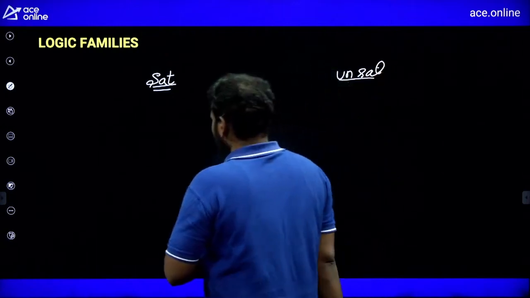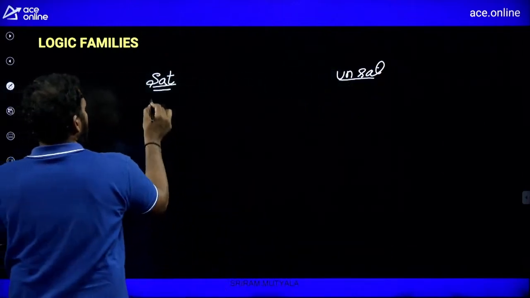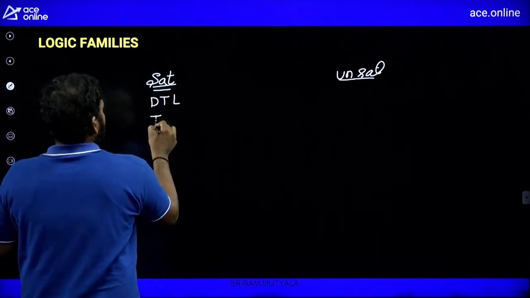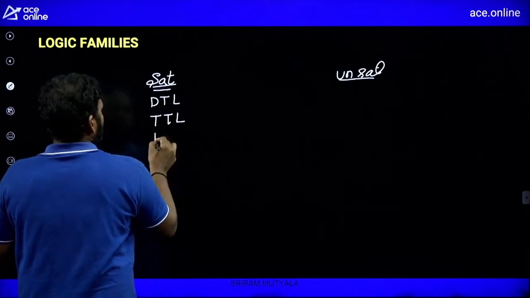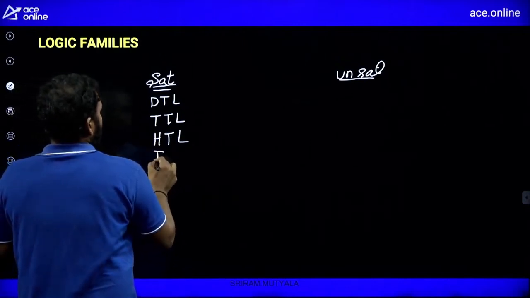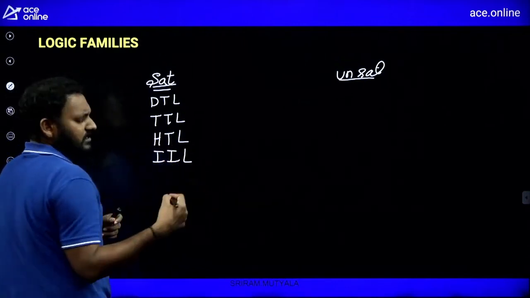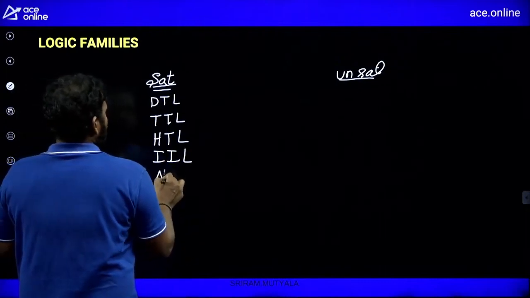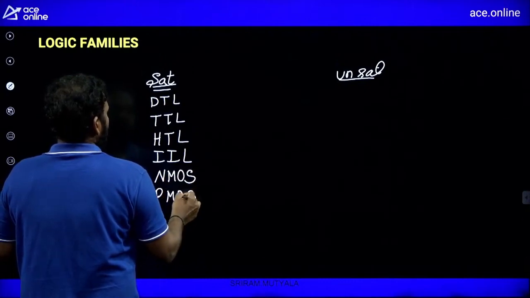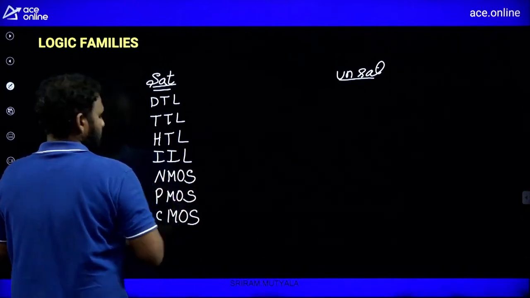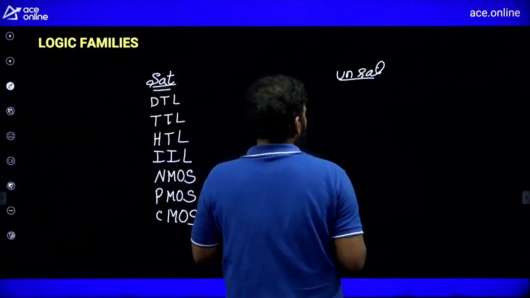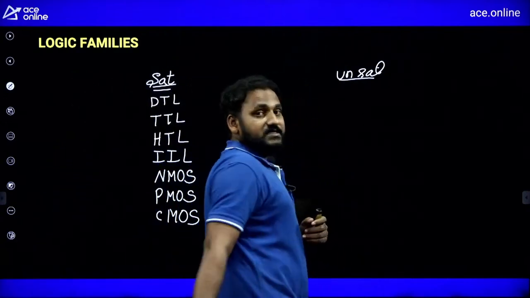Under saturated logic families we have diode transistor logic, transistor logic, high threshold logic, integrated injection logic, I square L, IIL, okay, NMOS logic, PMOS logic, CMOS logic. Under unsaturated logic, we have 2 types, Schottky TTL and ECL.